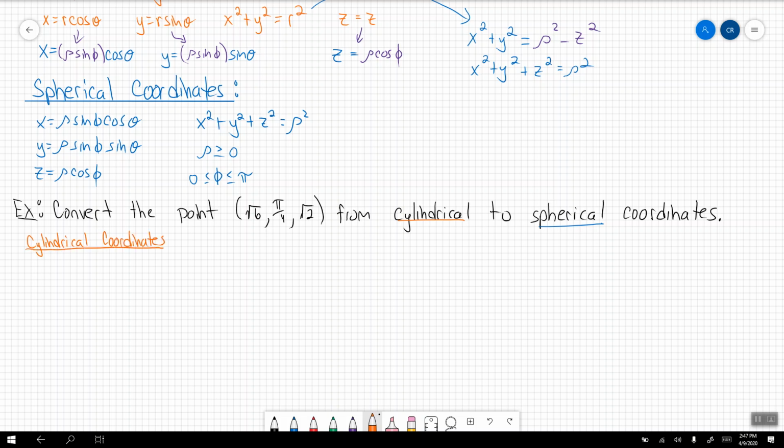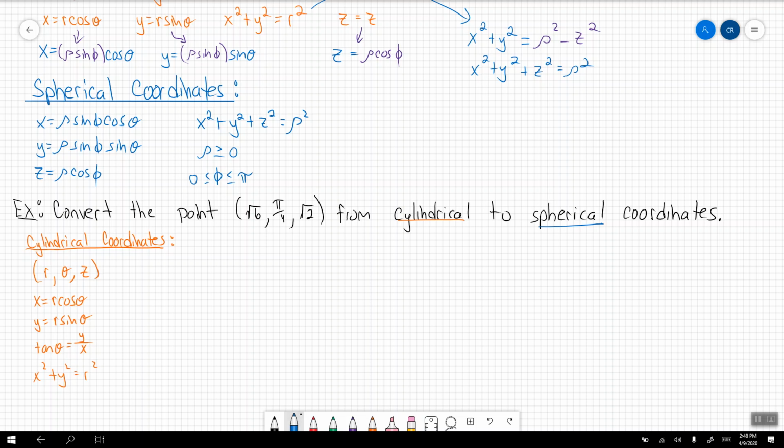In cylindrical coordinates, all of those coordinates are given by some r value, some theta, and some z. Now, also in cylindrical coordinates, we have that x is equal to r cosine theta, y is equal to r sine theta. We also have that tangent of theta is y over x, and we also have that x squared plus y squared is equal to r squared. I can use any one of these to try to convert over to spherical coordinates.